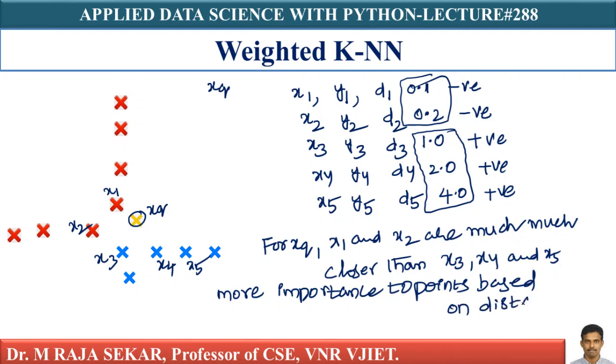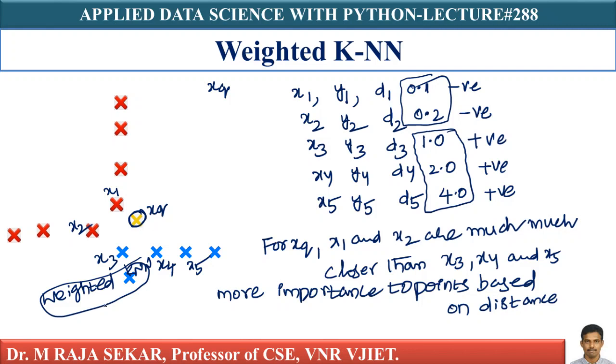Based on distance means those points which are very close to my query point must get preference. Those points which are far away from my query point must not get preferred, isn't it? That's the whole intuition behind weighted KNN.